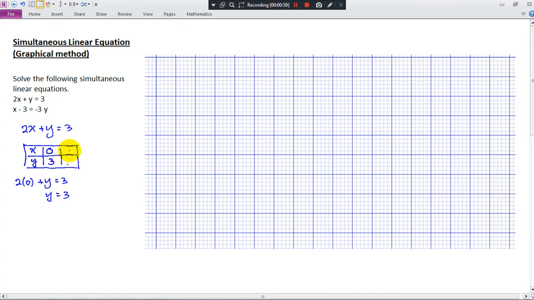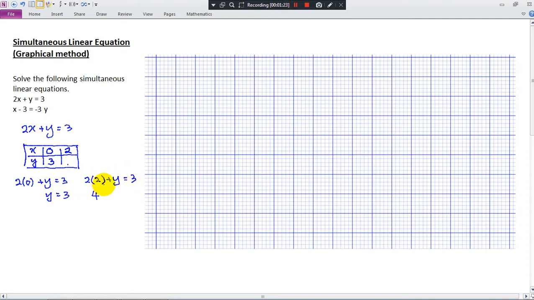Okay, so here you can also fix the value of x. If you don't want to, you can actually fix the value of y. Okay, let's say I fix the value of x as 2. I want to find when x is equal to 2, what is the value of y? 2 times 2 plus y equal to 3.